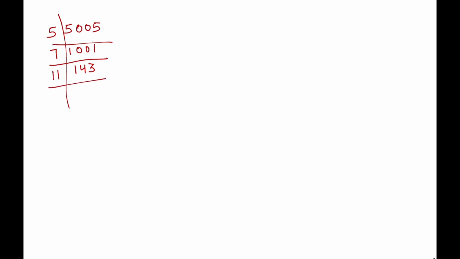So 11 ones are 11, then 3 will be remainder and it will become 33. So 11 threes are 33. Then it is prime. So 13 ones are 13. So the prime factors of 5005 are 5 into 7 into 11 into 13. Now, the last question is pretty interesting.